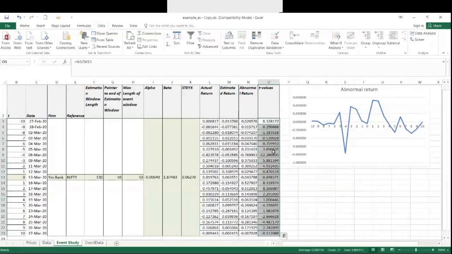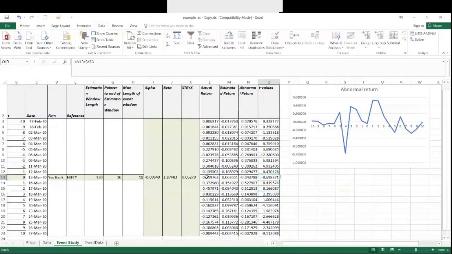Now you can clearly see that on the event day, the abnormal return is not significant, but immediately after the event, it is significant for at least 3 days. So this is the t-test on the abnormal return.